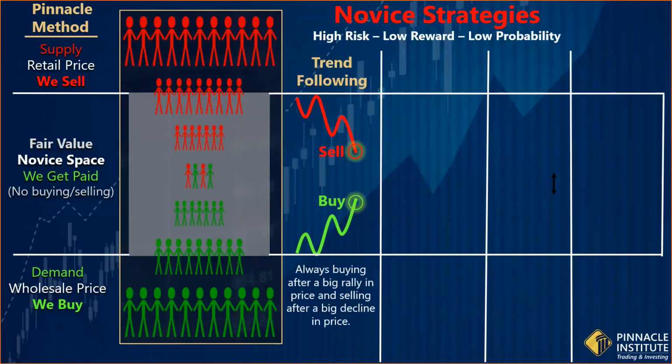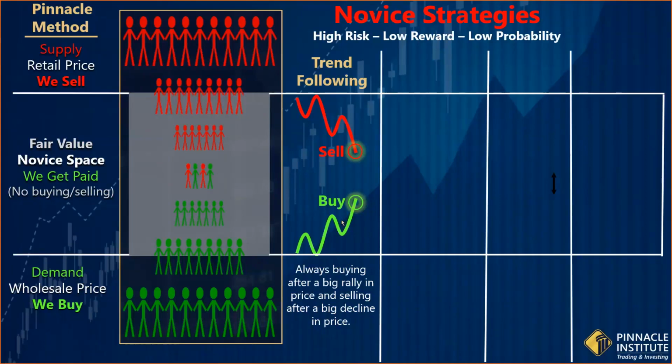How about trend following? Anyone that uses trend to make their decisions to buy and sell. Okay. Let's run through the mechanics of how that works. The trend trader does not look to buy at demand or wholesale prices. They wait for prices to turn higher at demand.